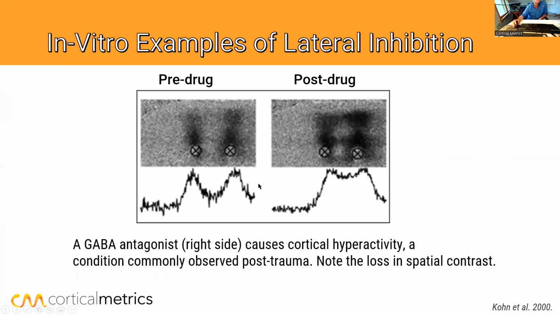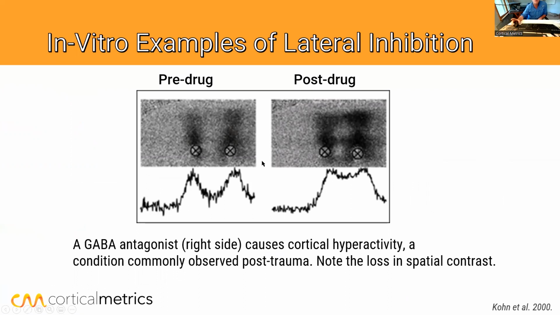For example, if you look at activation patterns in the brain, you see these two areas right here. You activate this area and you activate this area, and you get very clean contrast between the two.